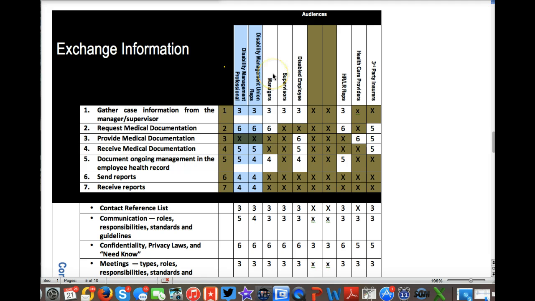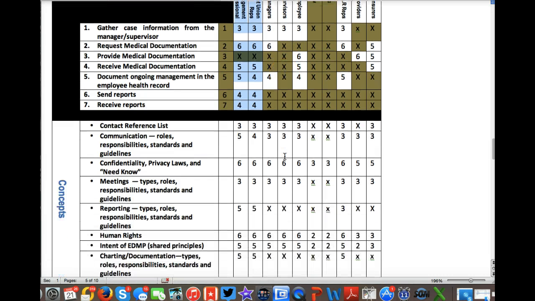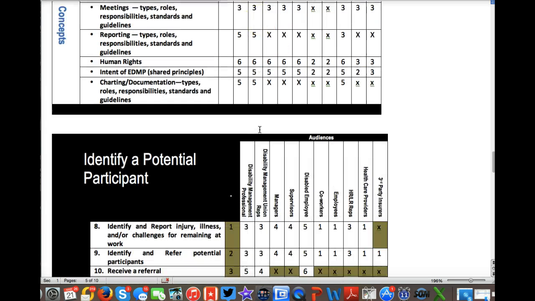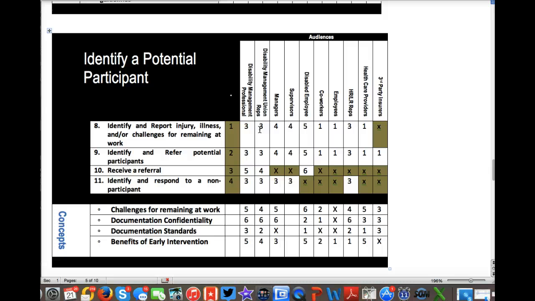Although managers and supervisors would be in a very different class. It looks like supervisors, if you look down through here, could have their own class, and we could do some things. So again, this is the beginning stages now of being able to put together your learning experience and performance plan.